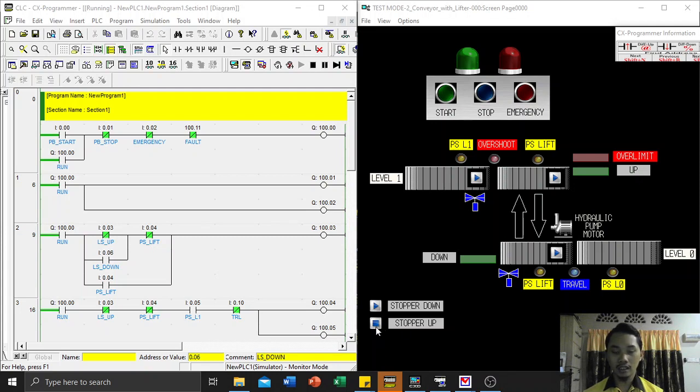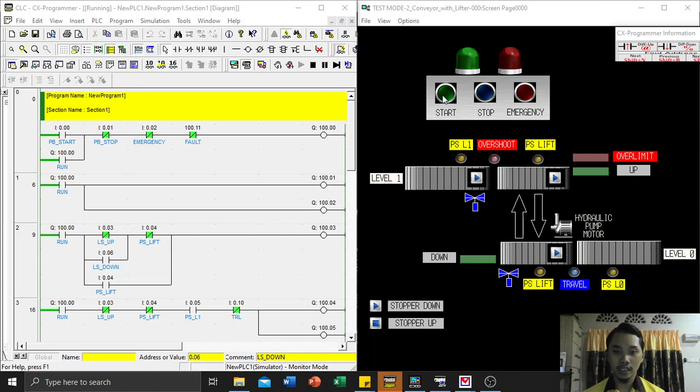This is the presence sensor, overshoot the same here. This is the transfer sensor. This is the limit switch for over limit, up and down. Here we have the indicators for running light and emergency fault light, and then we have the start button, stop button, and emergency button. Now let's go.